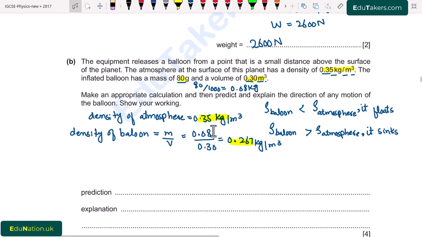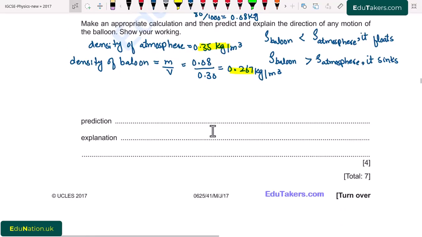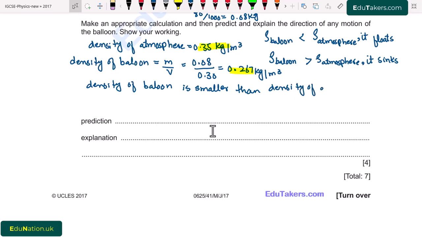I write here, density of balloon is smaller than density of atmosphere. The first condition is satisfied, that the density of balloon is smaller than the density of atmosphere, then the balloon will float.